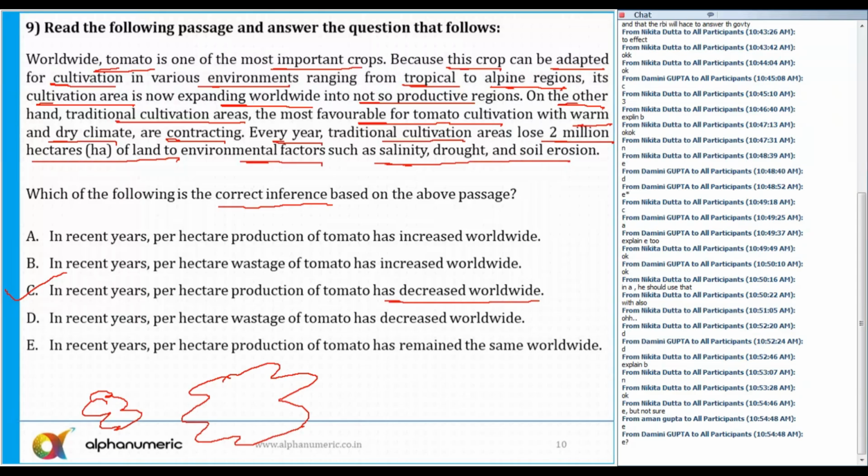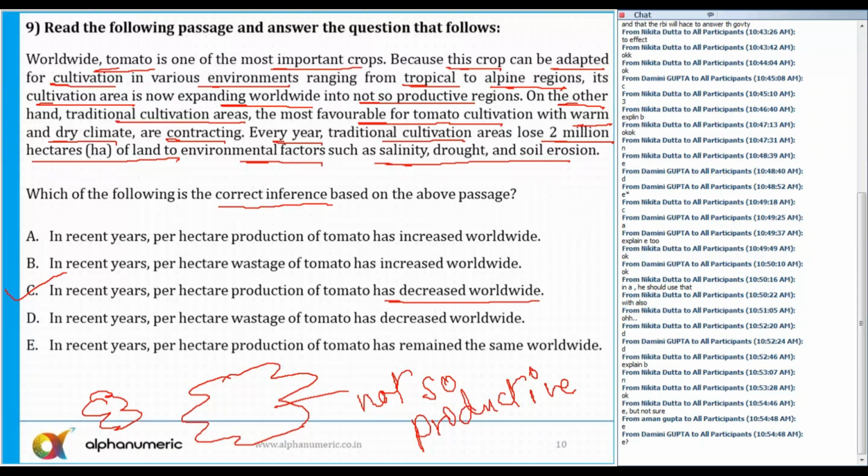The area has expanded, but these areas are those areas that are not so productive. Even though on the whole production of tomato has increased, when you look at the per hectare production, earlier in 1 hectare you used to get, let's say, 10,000 tons. Now in 1 hectare you will get 2,000 tons.